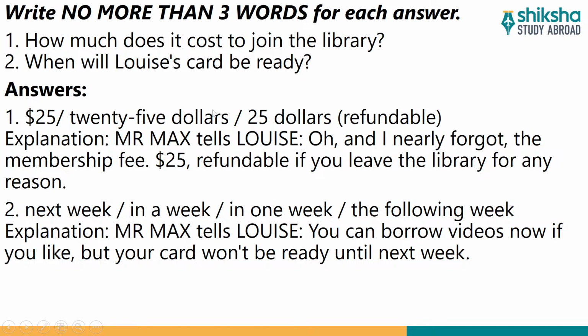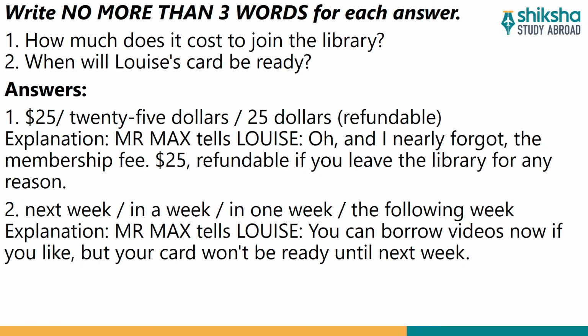So this also can be one of the answers. And of course, no more than 3 words. So that means 25 you have written as one number and dollars as one word. So always remember, guys, that a number, be it 369 or 1049 or just 2 or just 23, 25, all these numbers together count as one word.